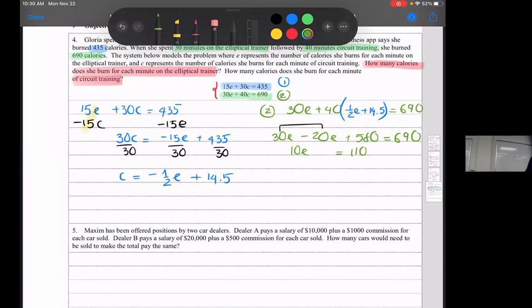Divide both sides by 10, I got E equal 11. And you plug it back in here. C equal negative half. E is 11 now. Plus 14.5. C equal 9.